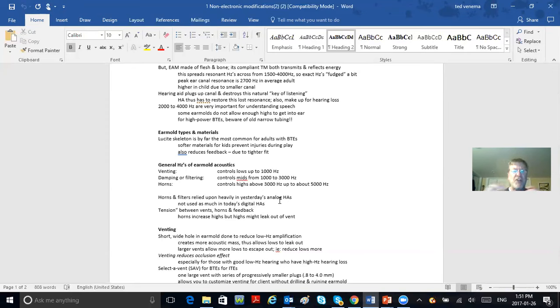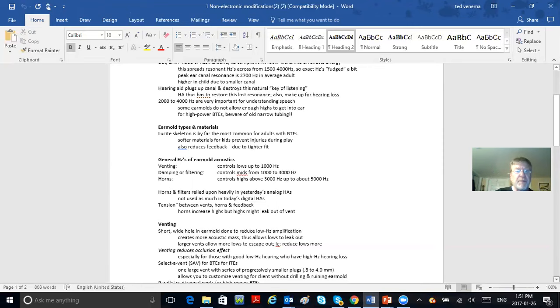There's a tension between vents, horns, and feedback. Horns increase the highs, but if your vent is too large, the highs are going to leak out of the vent and you're going to get feedback. So there's always a bit of a tension that way.